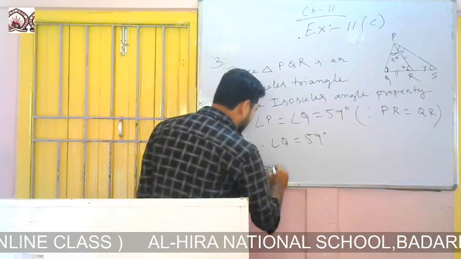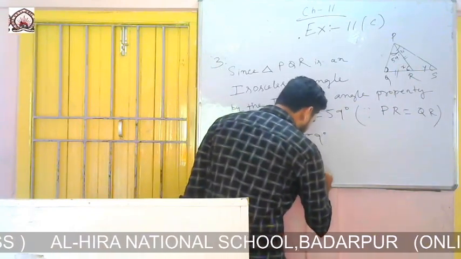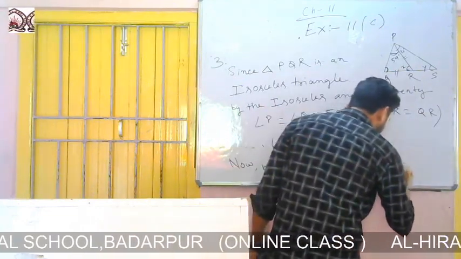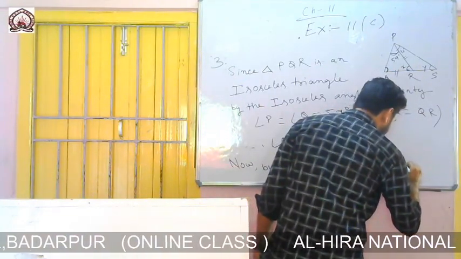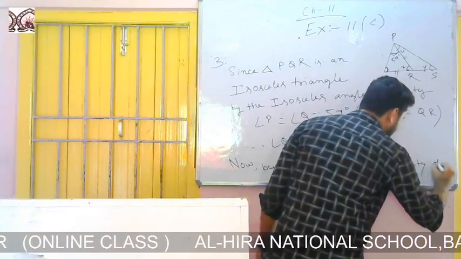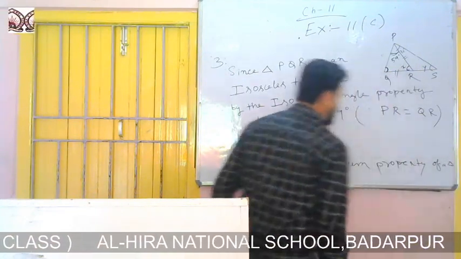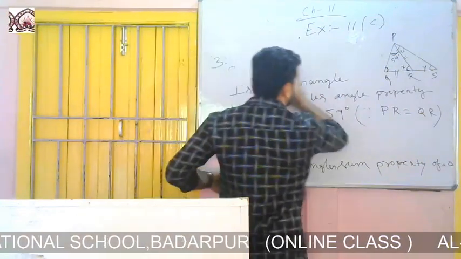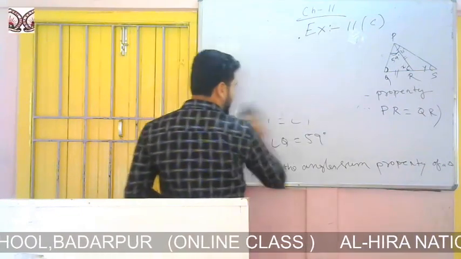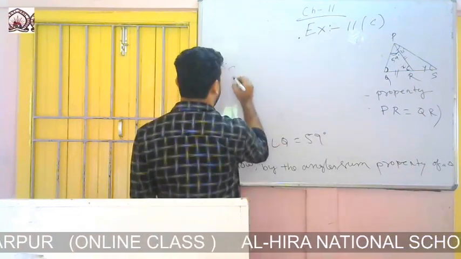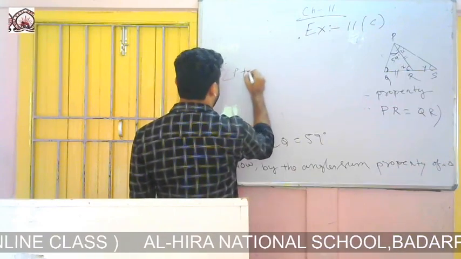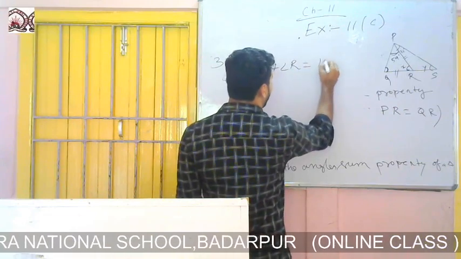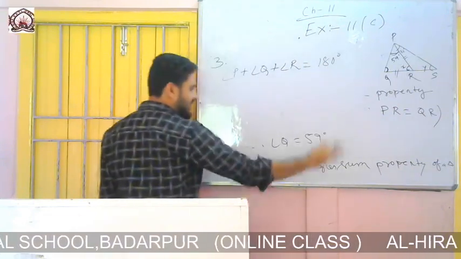Now by the angle sum property of a triangle, I can write angle P plus angle Q plus angle R equals 180 degrees.